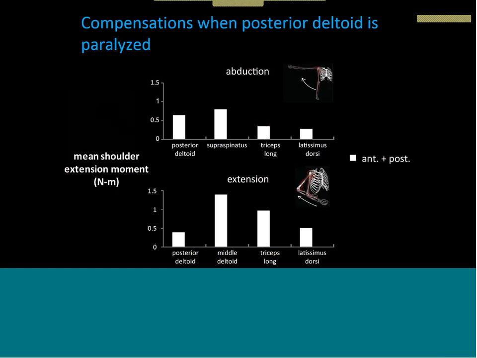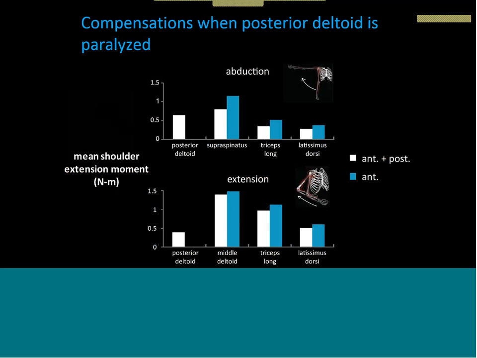We can see the muscles that are also producing abduction and extension during these movements. When posterior deltoid is paralyzed, then these three muscles, supraspinatus, triceps, and lat for the abduction, and middle deltoid, triceps, and latissimus dorsi for an extension motion, have to increase their joint moment.